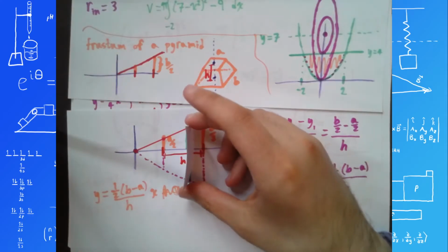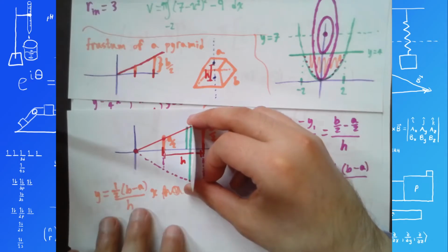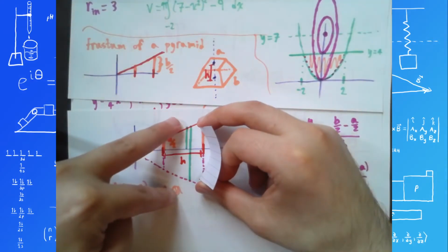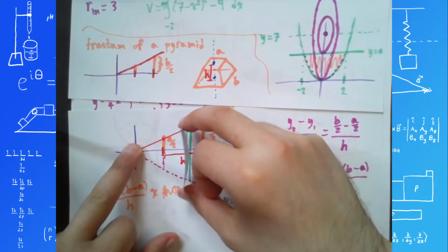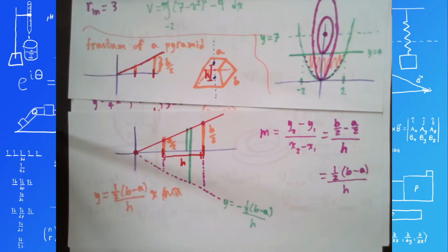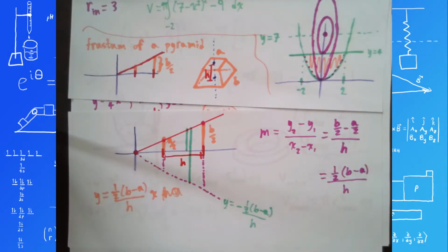So yeah, we're stacking a bunch of squares like so along this pair of lines. And once you stack a whole bunch of them, you're going to get a pyramid, or at least in this case, a pyramid with its tip cut off. A frustum of a pyramid, as it's called in the problem.